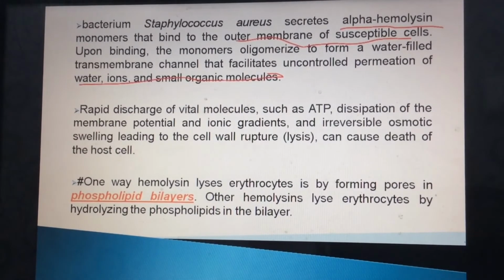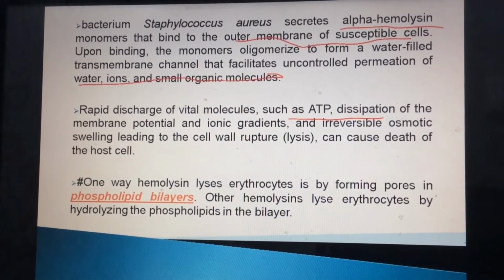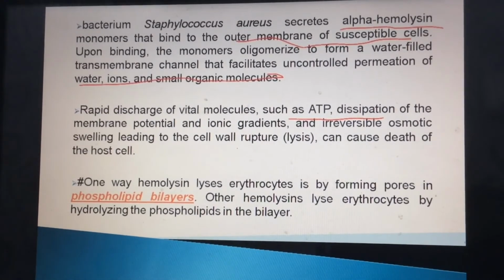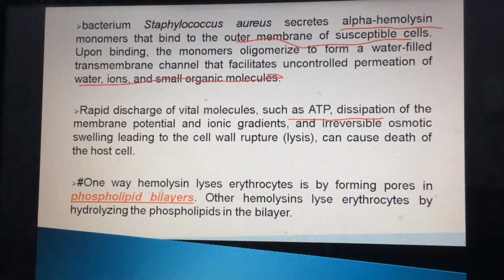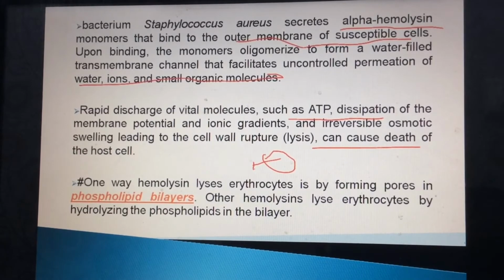Rapid discharge of molecules such as ATP also occurs, so an ionic gradient and irreversible osmotic potential develop. They can cause rupture of the RBC or host cell, and the cells become ruptured.